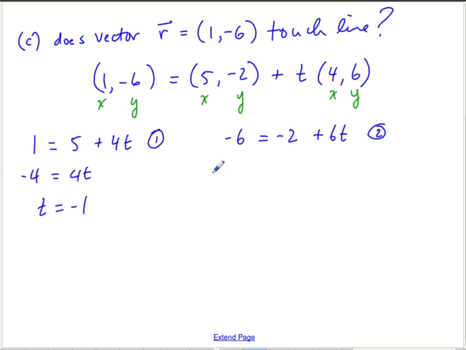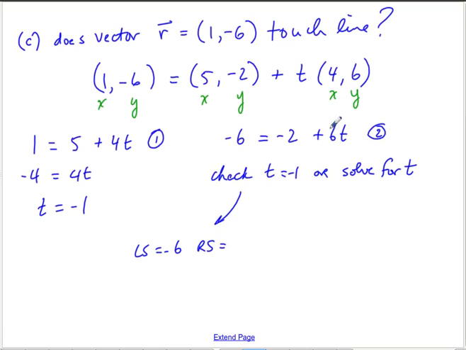And now I have to check. Well, actually, I could check t equals negative 1, or I could solve for t. If I check t equals negative 1, I get left side equals negative 6, right side equals negative 2 plus 6 times negative 1, which is negative 2 minus 6, and the overall is equal to negative 8.